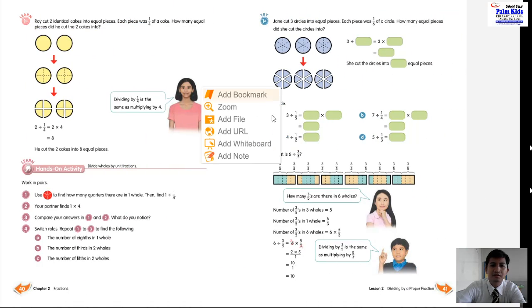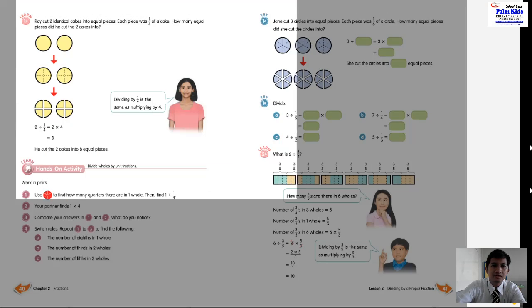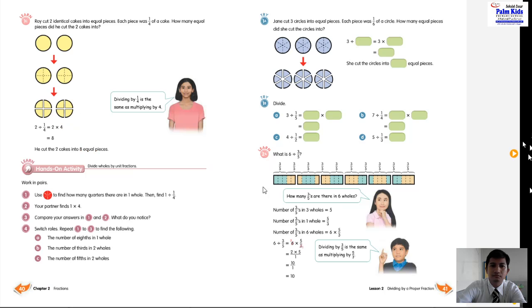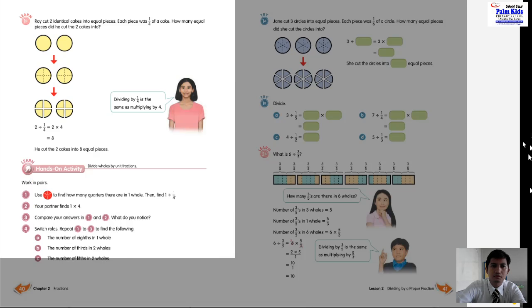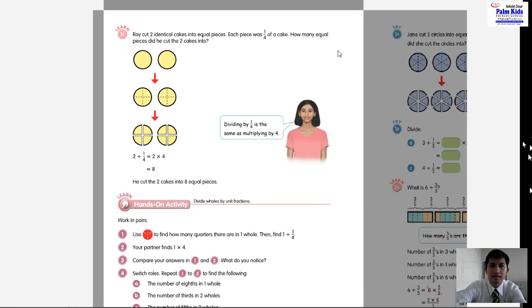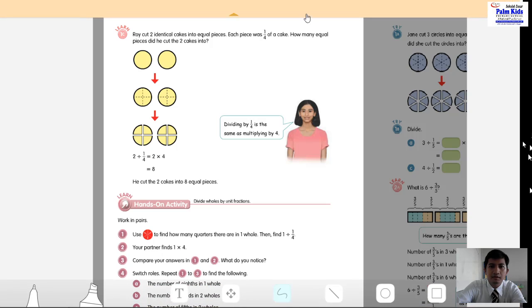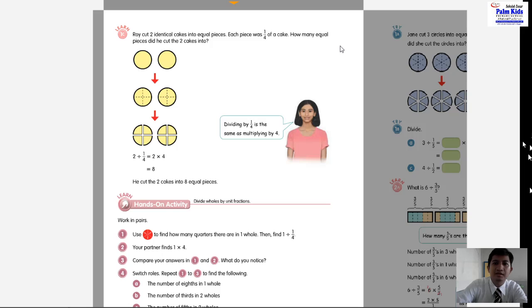Okay, next we have this one. Ray cut two identical cakes into equal pieces. Each piece was 1/4 of a cake. How many equal pieces did he cut the two cakes into?